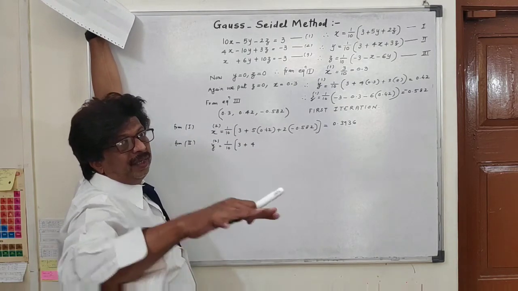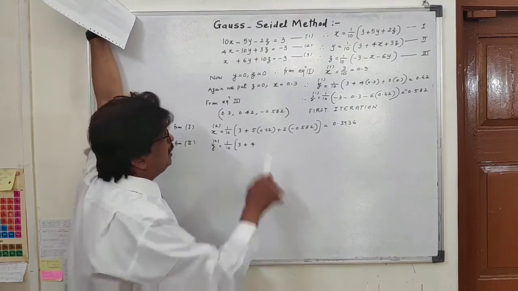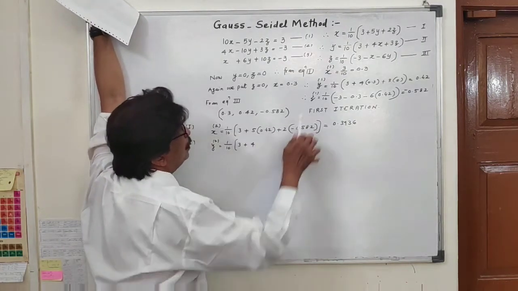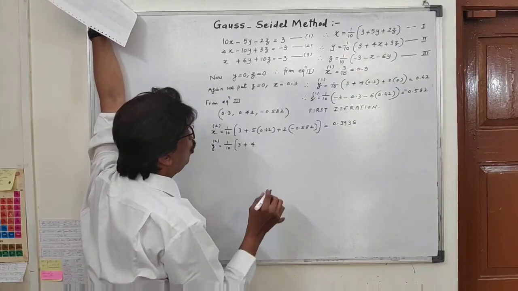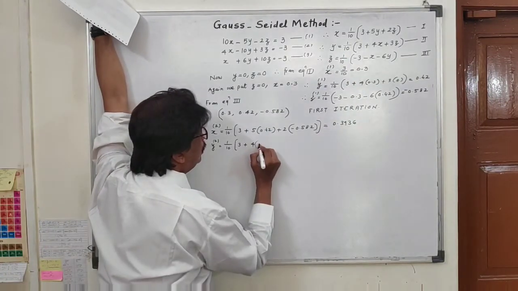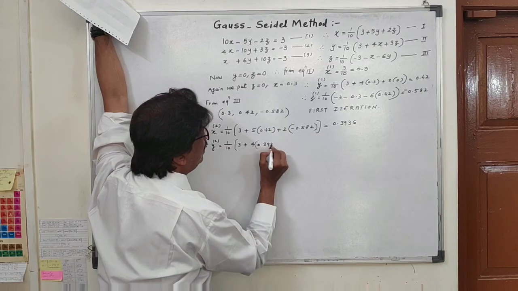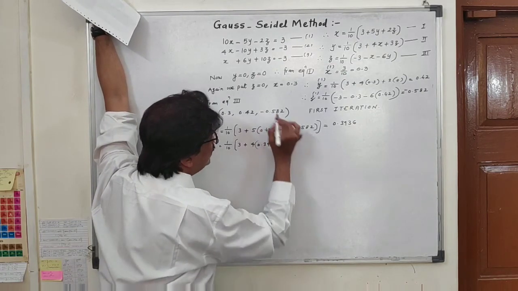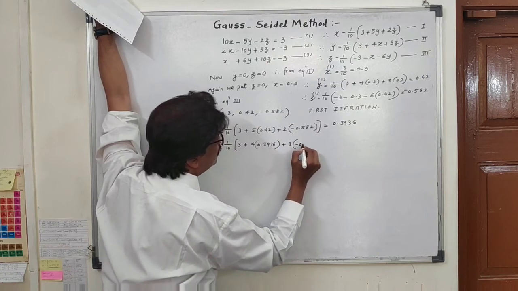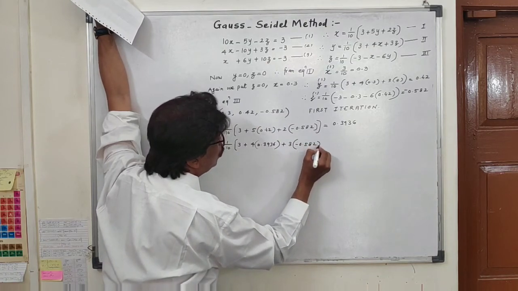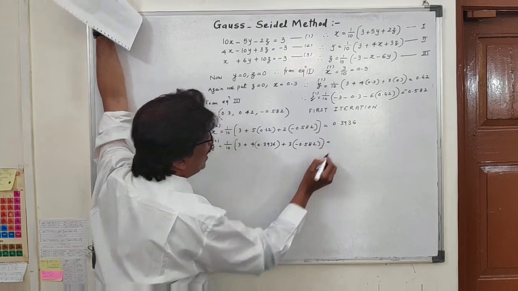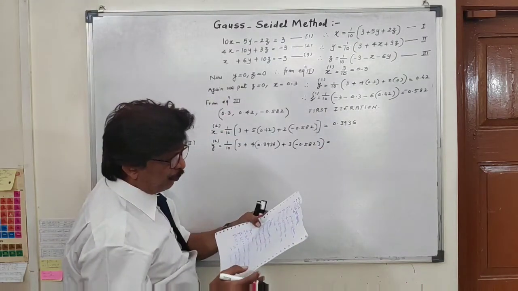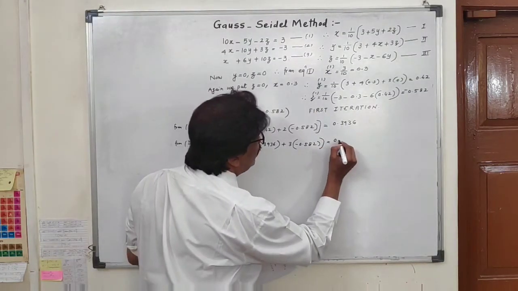Perhaps it is the recent value. So it is 4 times 0.3936 plus 3z. Z's recent value is this, minus 0.582, and this is 0.28284.